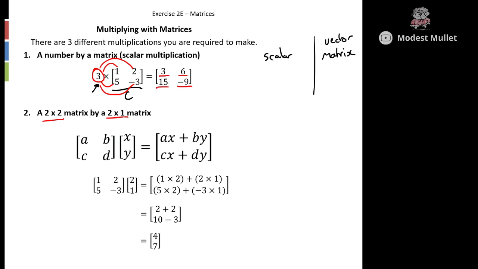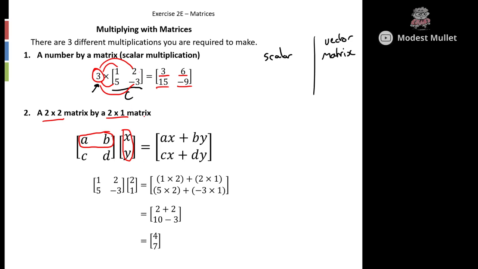When we have vector multiplication, we're not multiplying by a single number at the front, we're multiplying any two matrices together. What happens is we multiply the row by the column to get the final element position.